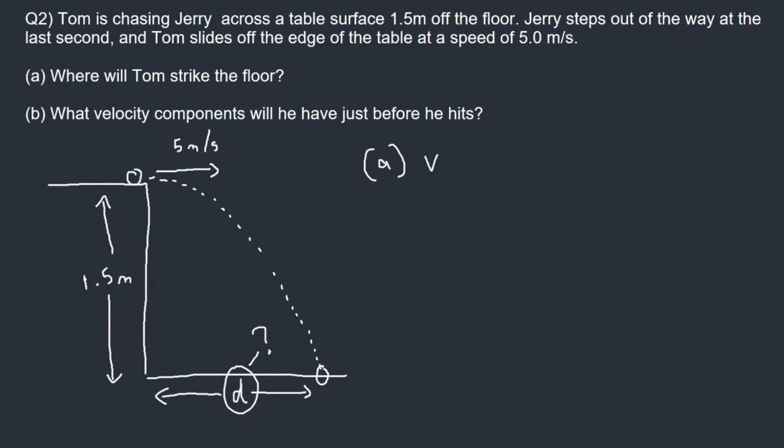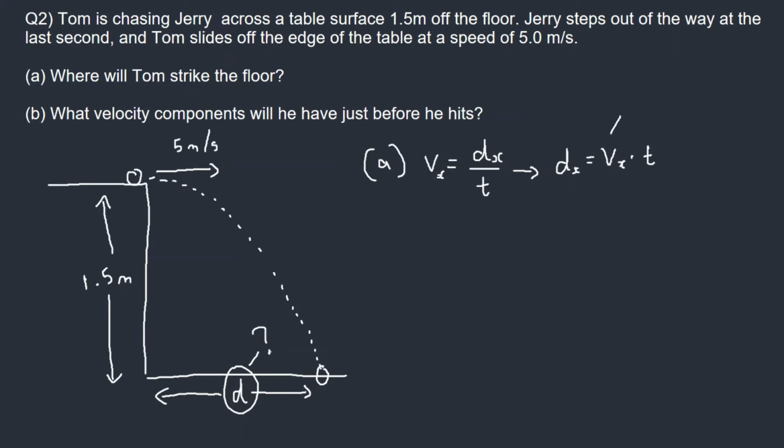We know that v is equal to d over t. I'll make that a bit more specific. Vx is equal to dx over t. And if I were to rearrange this for d, which is what we're trying to solve, dx is equal to vx times t.